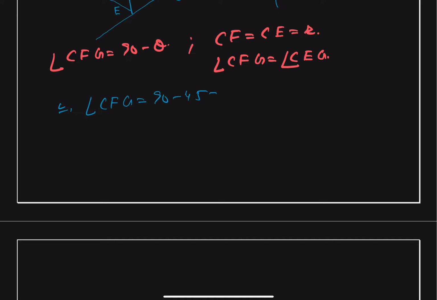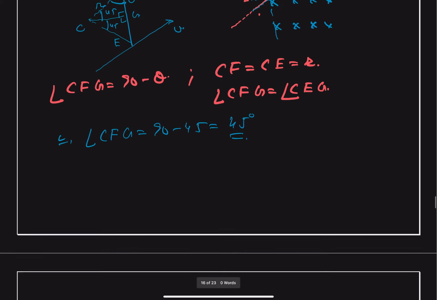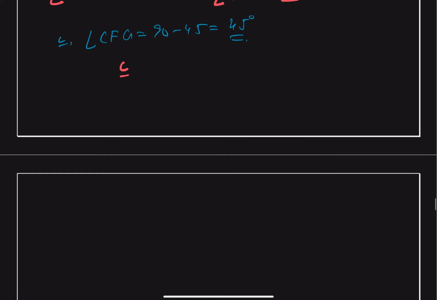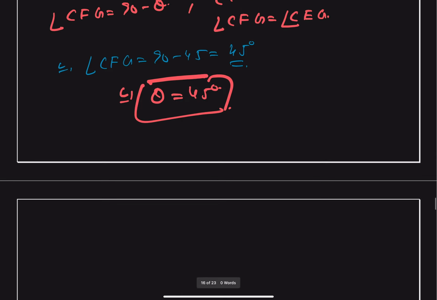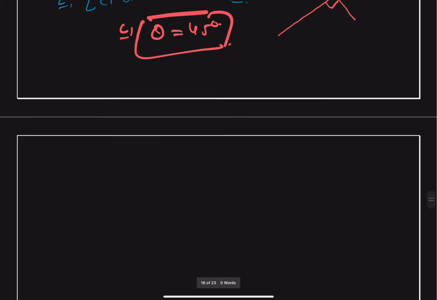This comes as 45 degrees. So theta will also be equal to 45 degrees. This was quite simple, based only on the trigonometric condition, because this was our tangent and this is our radius vector, so both are at 90 degrees, and because of this property we can easily find out the value of theta.